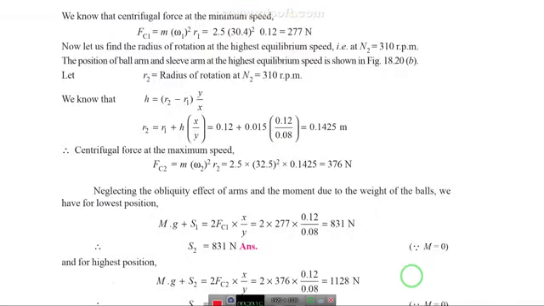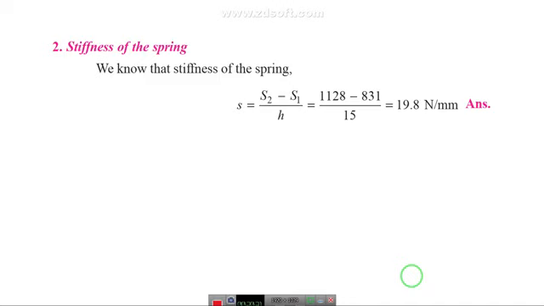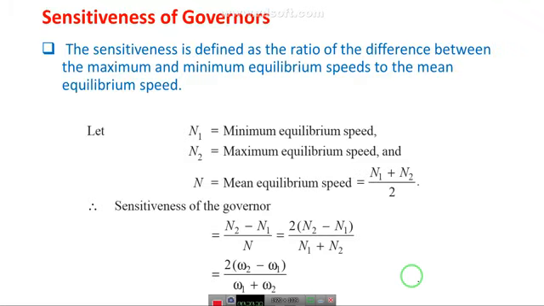To calculate that we need R2 and Fc2, so that we can calculate S2 and S1, the force acting on the arm at the lowest and highest speeds. The stiffness of the spring can be calculated as S2 minus S1 divided by h.